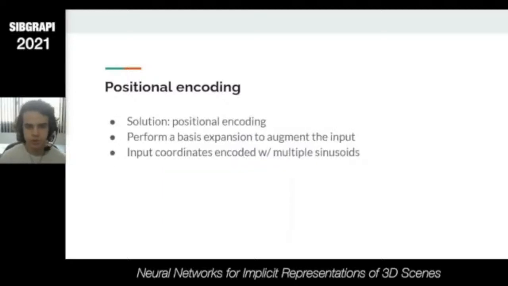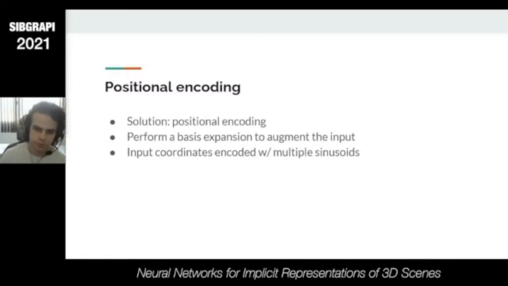And the solution here is due to the fact that the input is very low dimensional. You're trying to train a neural network to predict the colors of an image based only on a 2D input, that's the X and Y position. And the solution essentially involves increasing the number of dimensions of that input.